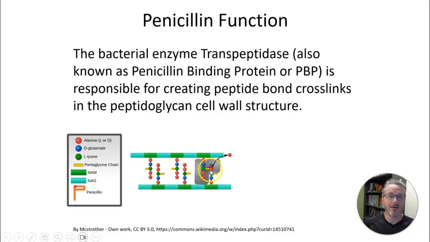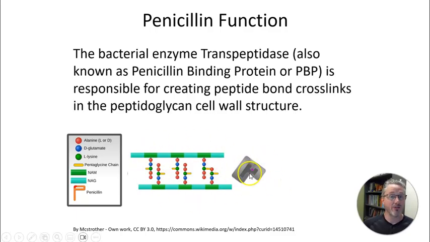So we're creating this peptide bond crosslink between these two NAMs. The enzyme transpeptidase is supposed to do that. So when this process is complete, the enzyme can leave, and it leaves behind that formed peptide bond crosslink between these two NAM monomers in the peptidoglycan cell wall.